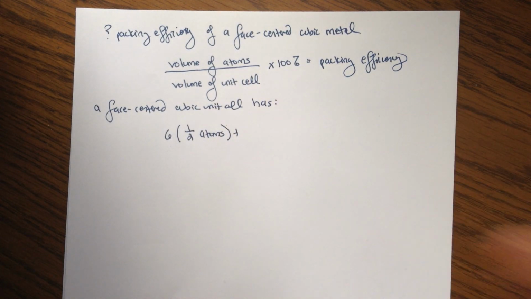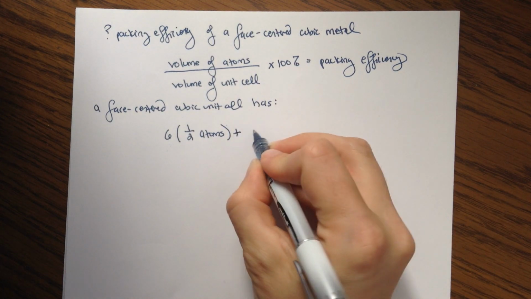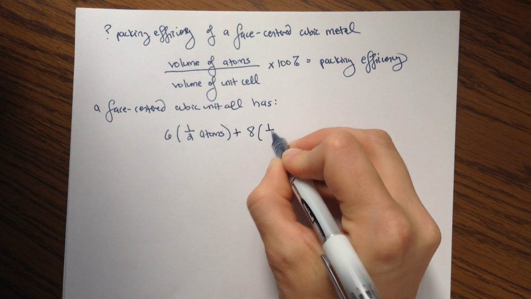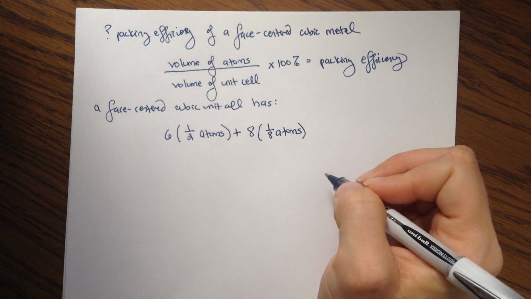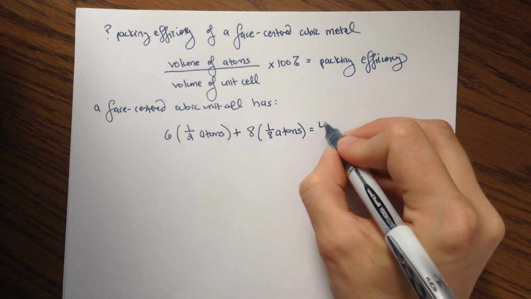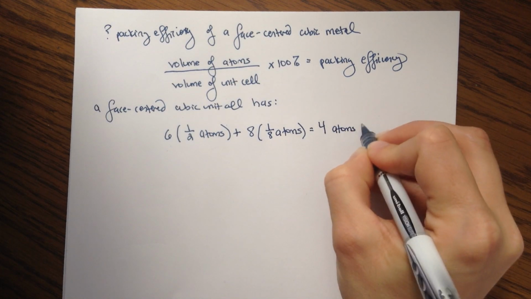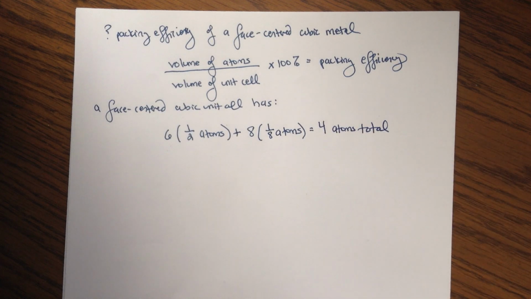These are the atoms that are bisected down the middle, halfway in and halfway out. And 8 1/8 atoms, the atoms on the corners. So we get 4 atoms total in a face-centered cubic unit cell.